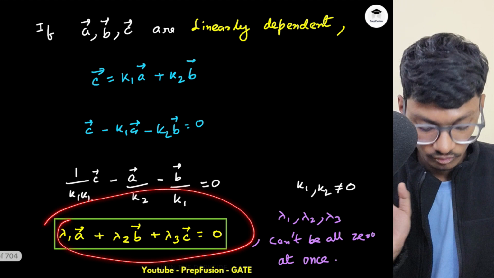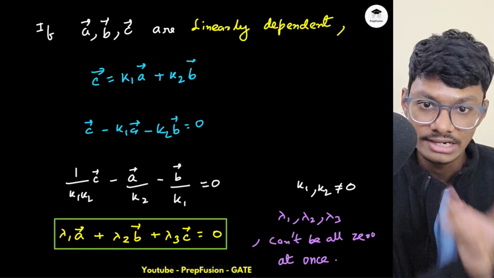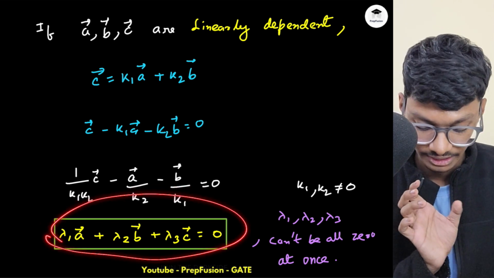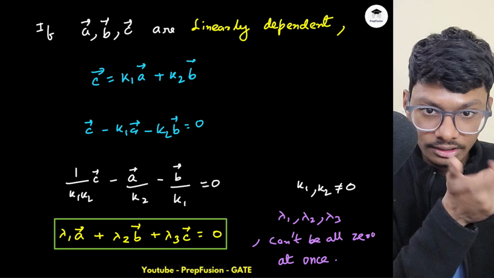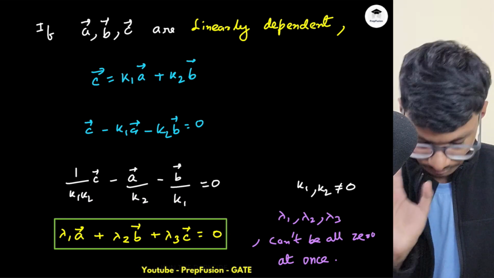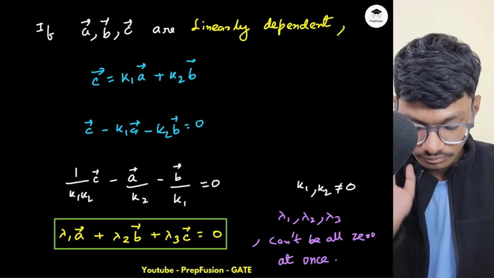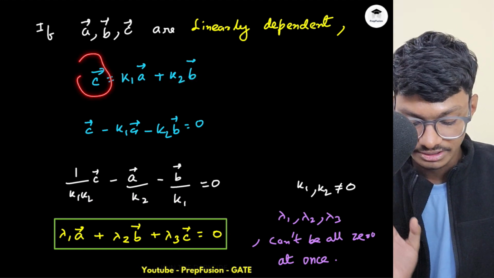Here I told you the condition for linearly dependent vectors. If they are dependent, that means I can write one of the vectors in terms of the other two.